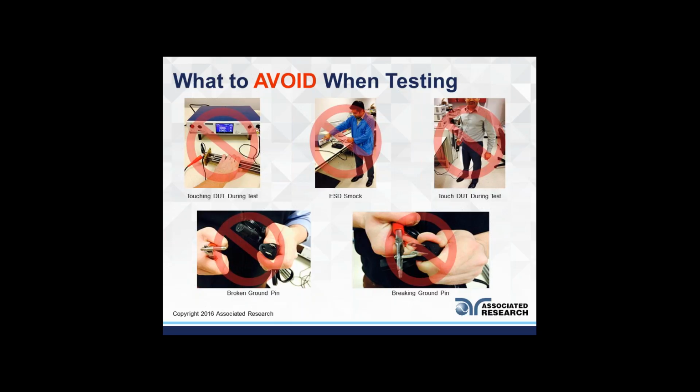So you want to make sure your ESD areas are away from high-pot testing, and definitely no ESD smocks in the area where you could potentially ground yourself and cause an electrical shock situation. We also have issues where end users are using the high-pot test leads live.